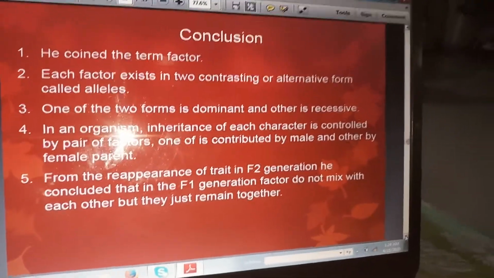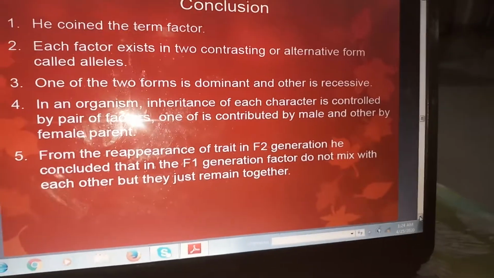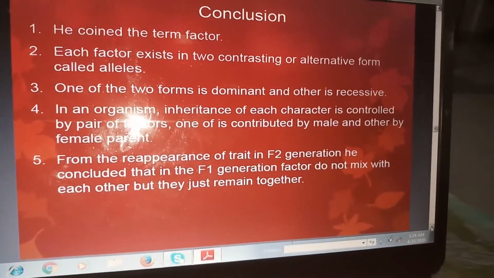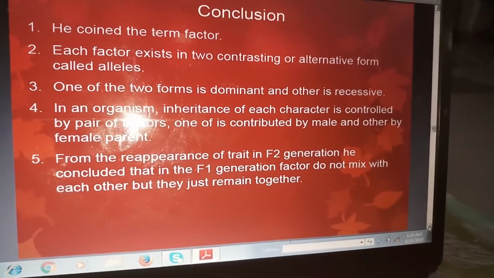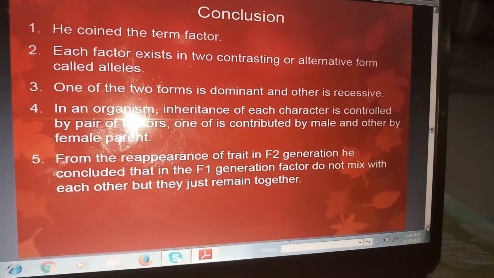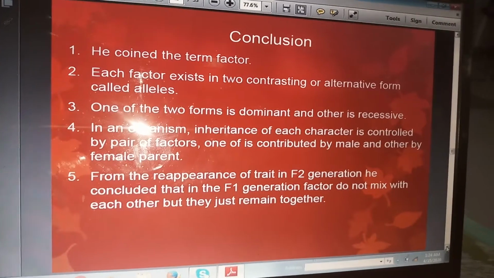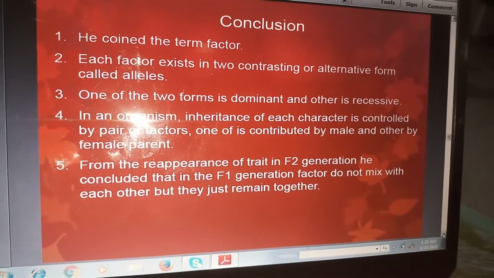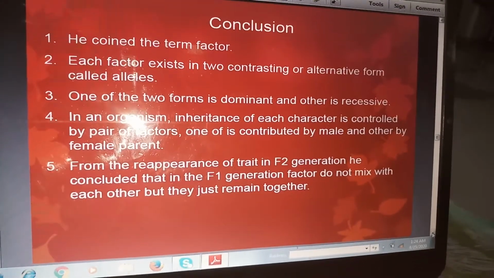Now he concluded something based on his experiment. He coined the term factor, which is now called gene. Each factor exists in 2 contrasting or alternative forms called alleles. One of the 2 forms is dominant and the other form is recessive.